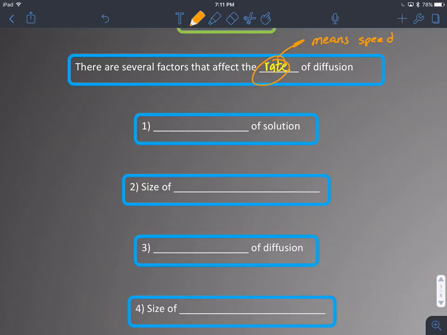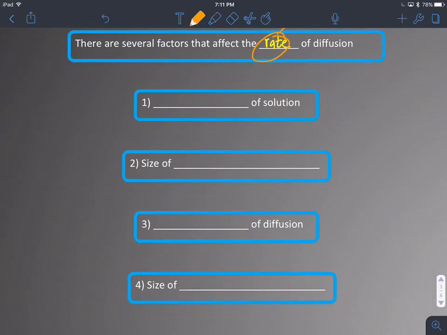Okay, so number one, the temperature of solution affects the rate of diffusion. Number two, the size of the concentration gradient, this will also affect how fast diffusion can occur.